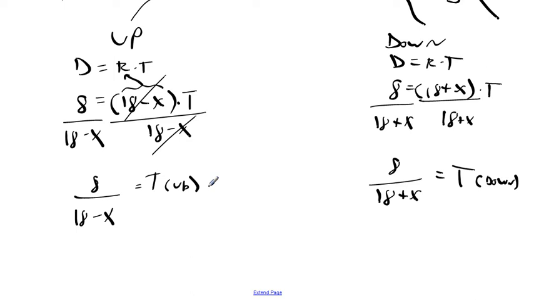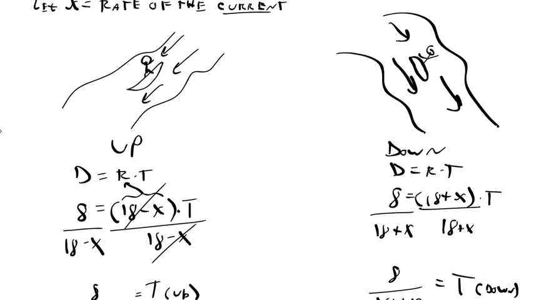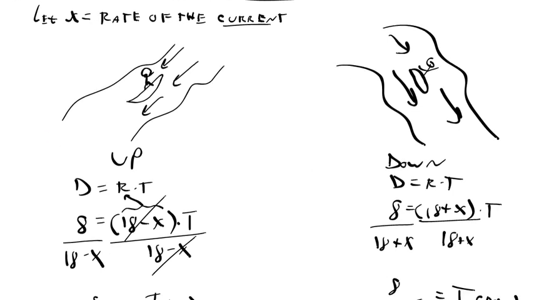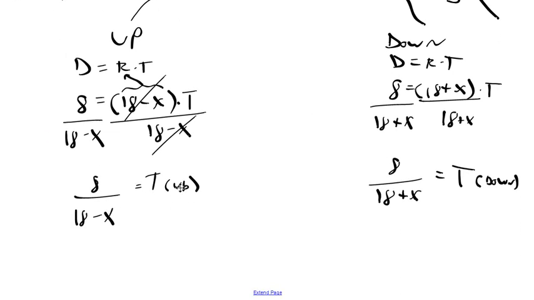So if I take the time it takes to go up and the time it takes to go down, that total time should be, bing, a total of 9/10 of an hour. Cool. So that means we have an equation. We could do the t up plus the t down equals 9/10.